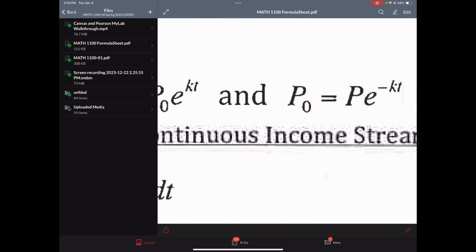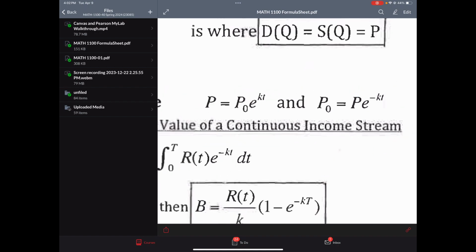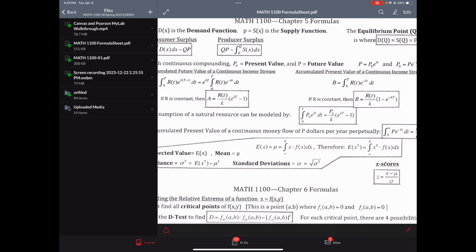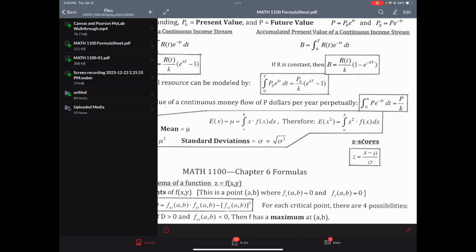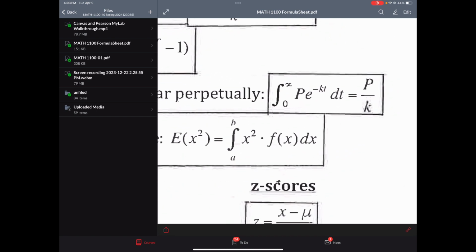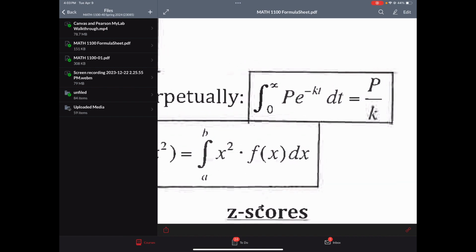Present value is here on the right. Remember, you can model present value just using a decay function with a negative exponent. Here we talked about this in 5.3. If you let that continuous income stream go on perpetually, you've got your formula right here. I don't know why they switch it to P instead of R, but P is that same thing, just your income stream. What are you putting in every year?